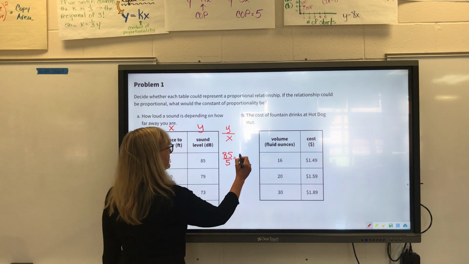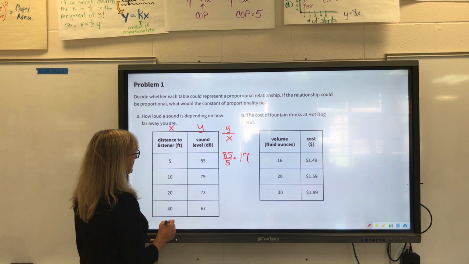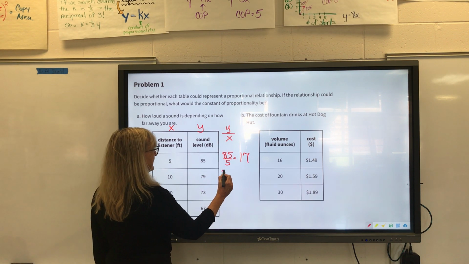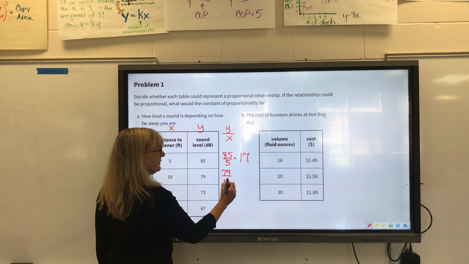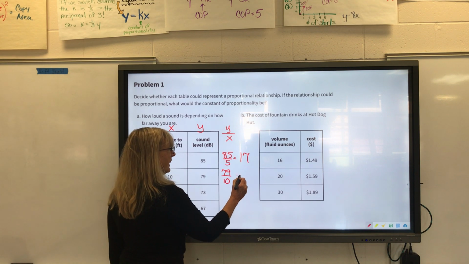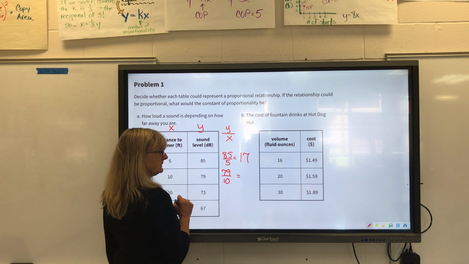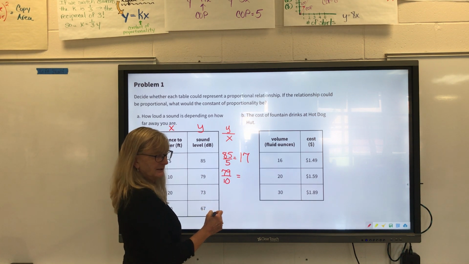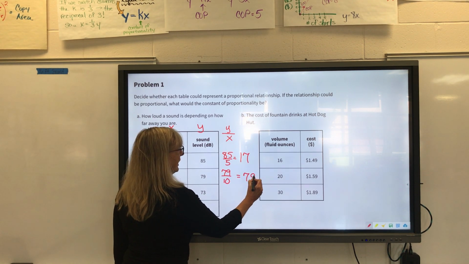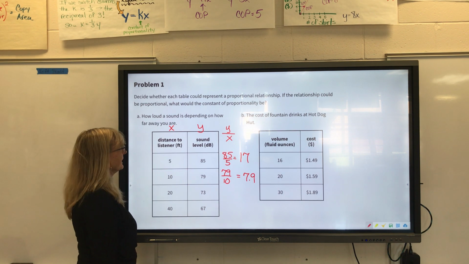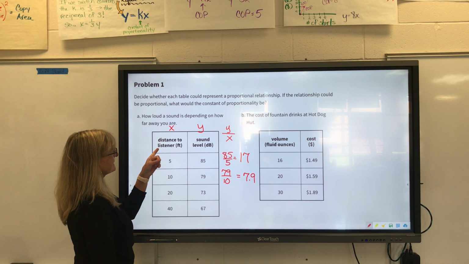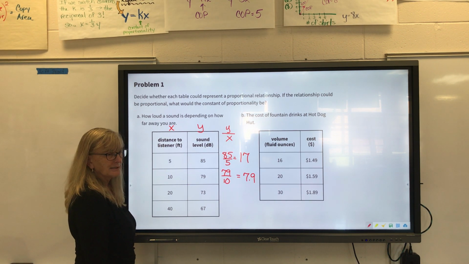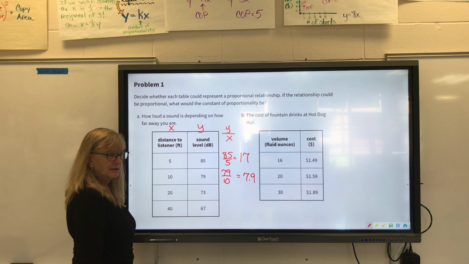17. Thank you. Somebody brought their calculator. Okay, now I'm going to do 79 divided by 10. Oh, that one you don't need a calculator for. When you divide by 10, you just move the decimal, right? 7.9. Okay, is there a proportional relationship between the distance a listener is and the sound level of a noise?